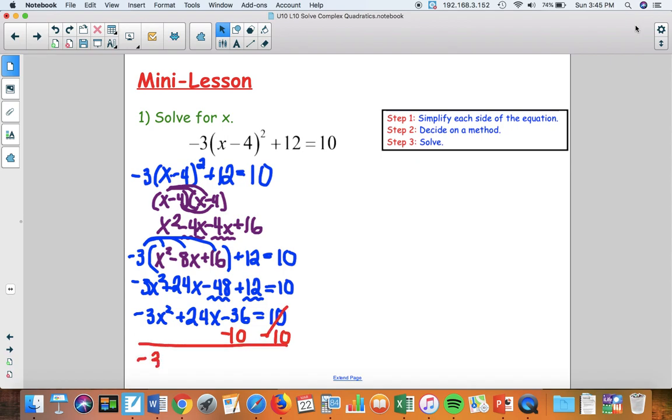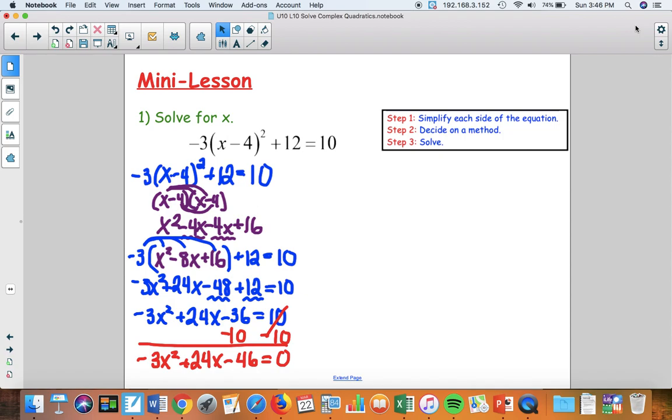And we get negative 3x squared plus 24x minus 46 equals 0. Now you can try whichever method you like. However, since the quadratic formula works all the time, we are going to use the quadratic formula. If you want to try another method, go for it and then compare your answers to what we get.